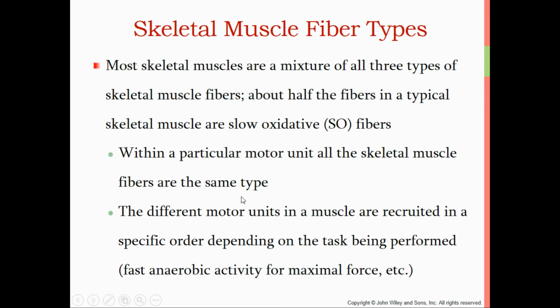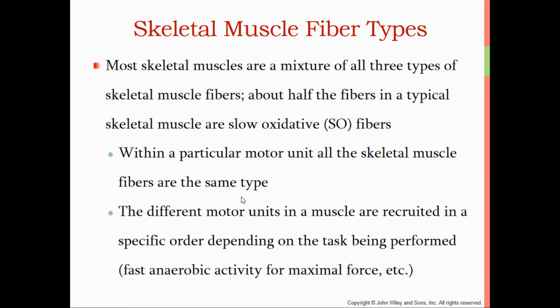Most skeletal muscles are a mixture of all three types of skeletal muscle fibers in human beings. About half of the fibers in a typical skeletal muscle are your slow twitch red or your slow oxidative fibers. Within a particular motor unit, all skeletal muscle fibers are the same type.